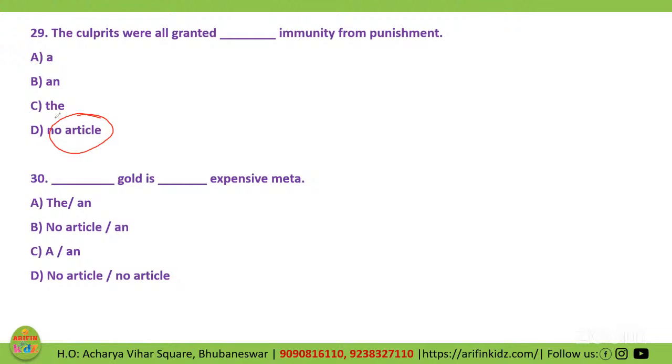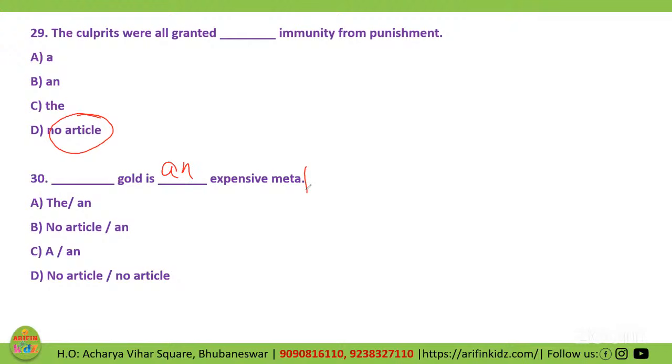30 would be: in front of metals, we do not require any article. So gold is an expensive metal, right?